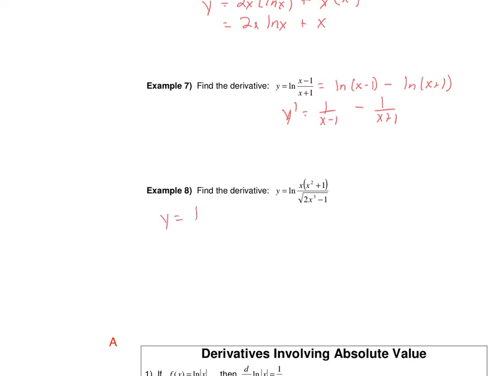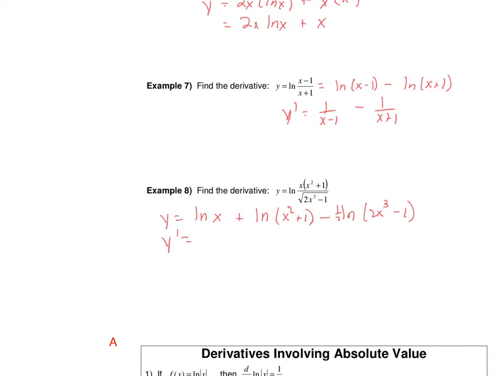So here I would do another rewrite. So I got natural log of x plus natural log of x squared plus 1. That was supposed to be a minus. Minus natural log, well, I'll put the 1/2 out in front, 2x cubed minus 1.